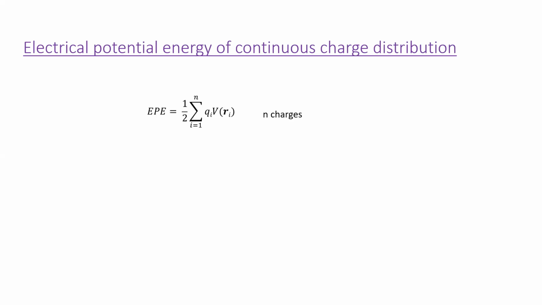So we'll start off with the formula for n charges, which we just established. This 1/2 factor to prevent double counting times the sum of Q times the electric potential at the location of each charge.